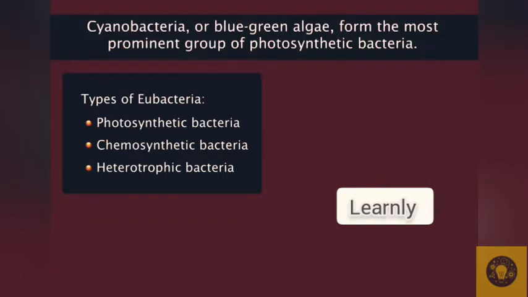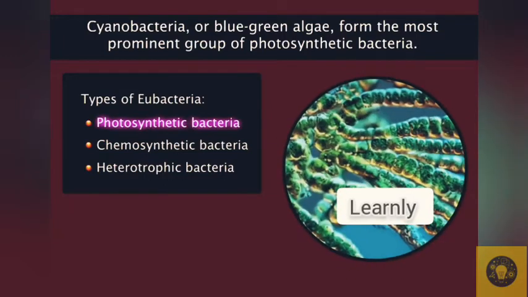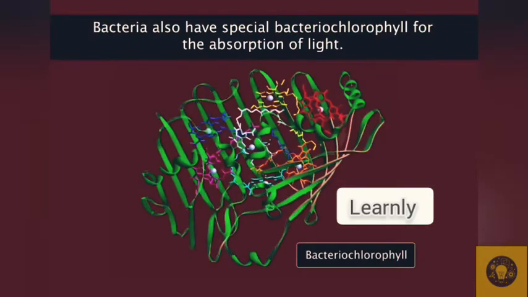Cyanobacteria, or blue-green algae, are the most prominent photosynthetic bacteria. They possess chlorophyll, a substance similar to the chlorophyll present in plants. Other photosynthetic bacteria also possess special bacteriochlorophyll for the absorption of light.